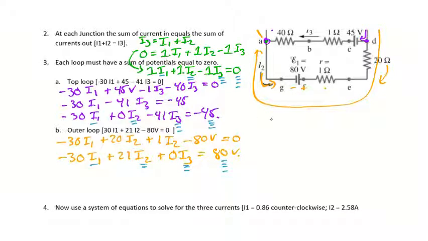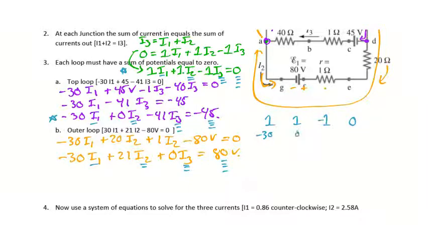So starting with this first equation up here, we have a 1 for I1. We have a 1 for I2. We have a negative 1 for I3. And we have a 0. Okay, now from the purple equation, we have a negative 30 in the first term.